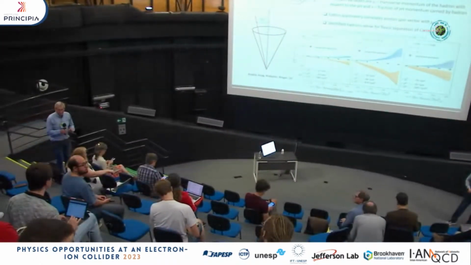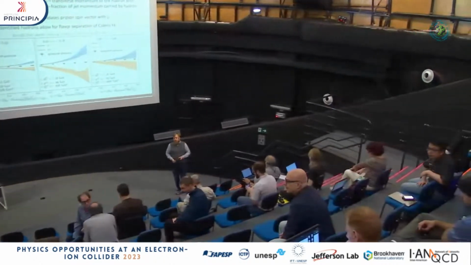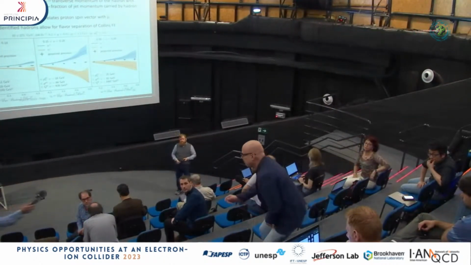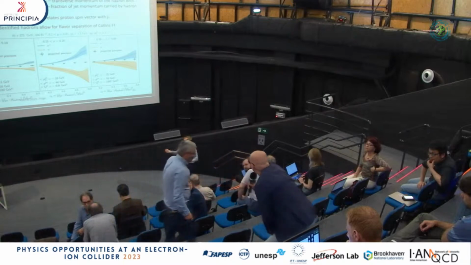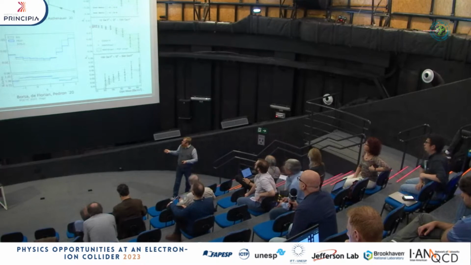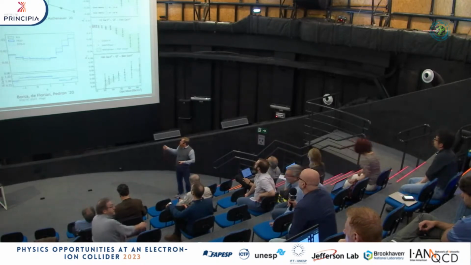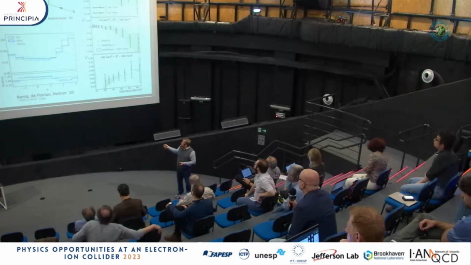Any more questions? Okay, one more question. You showed the double spin asymmetry, ALL, and there was a big jump from next-to-leading order to next-to-next-to-leading order. Do you know what happened? Yes, the magenta versus bluish. Do you know what happens there?